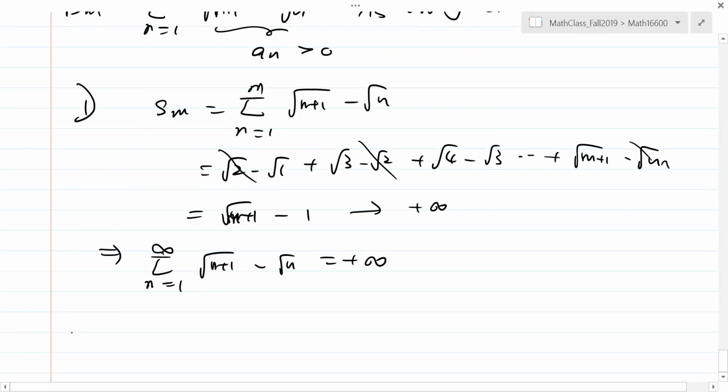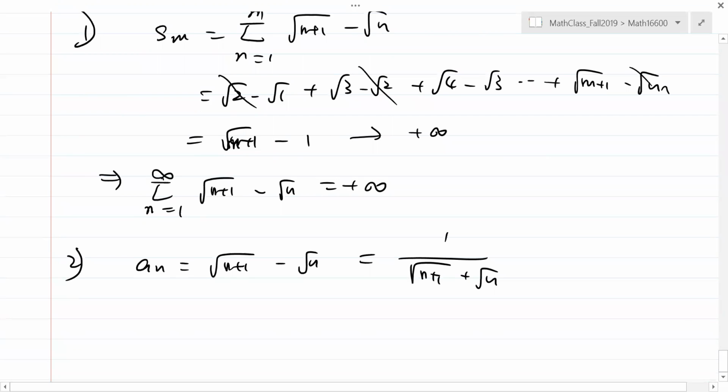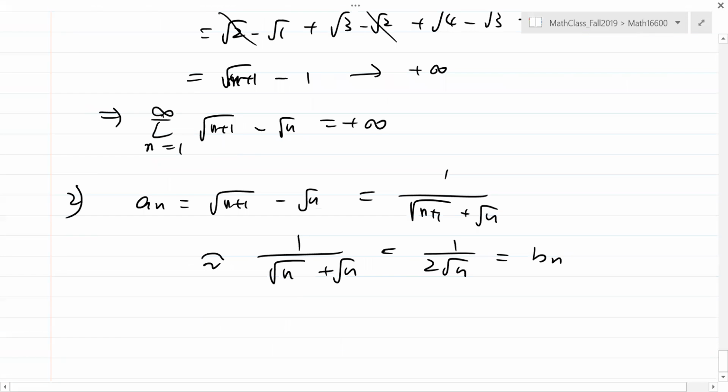The second method is you express it in this form, like what we did, then you compare with another series. How do you do that? You ignore the constant 1. What you get is square root of n plus square root of n, almost, so that's going to be 2 square root of n.